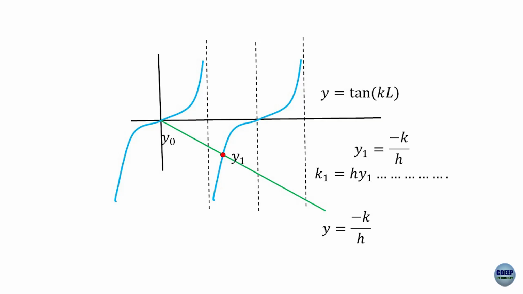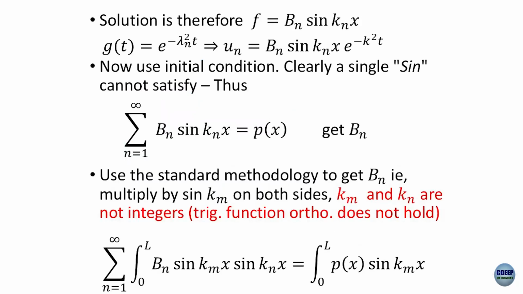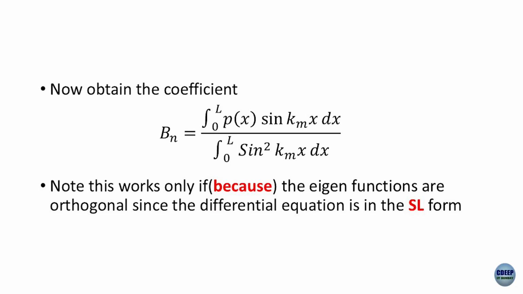So if k is not a constant, then you really have no business to say from trigonometry that sine kx is going to be orthogonal with any other sine kx. But nevertheless, we just went ahead brute force and said that even though they are not orthogonal, I'm going to find out what the coefficients are, because I have no other option.